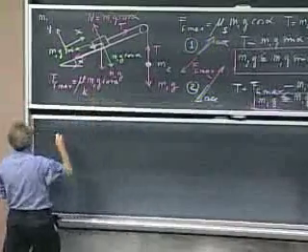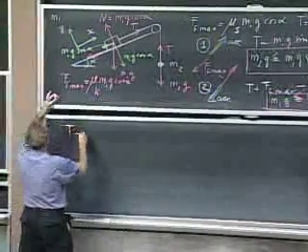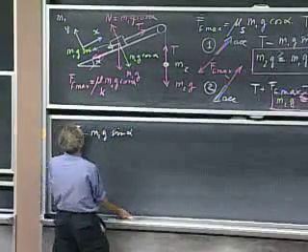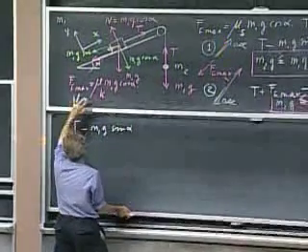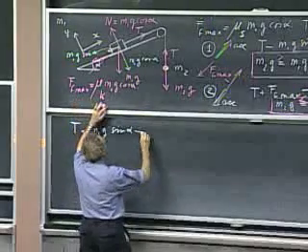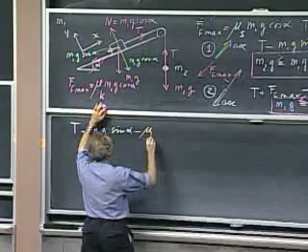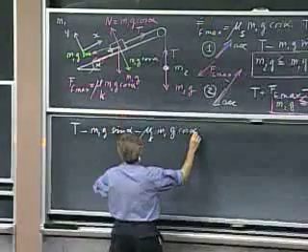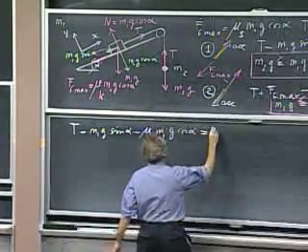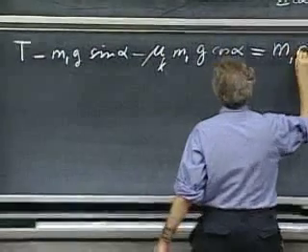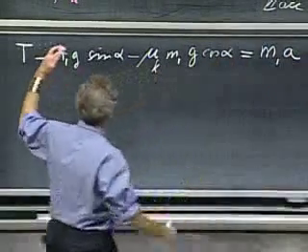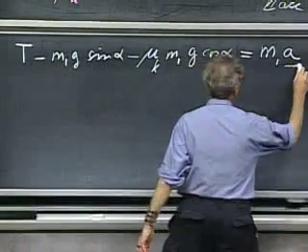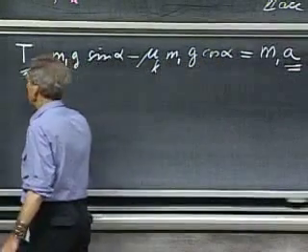We have T in the positive direction minus m1 g sine alpha minus this maximum force, minus mu k m1 g cosine alpha, and that, according to Newton's law, must be m1 times a, if a is the acceleration uphill. One equation with two unknowns. You don't know a and you don't know T.